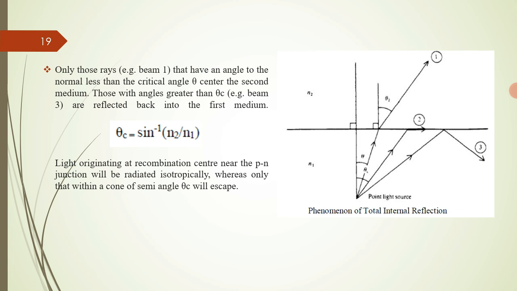The light originating at the recombination center near the PN junction will be radiated isotropically, whereas only that within a cone of semi angle theta c will escape. So this is the basic working principle of the light emitting diode.